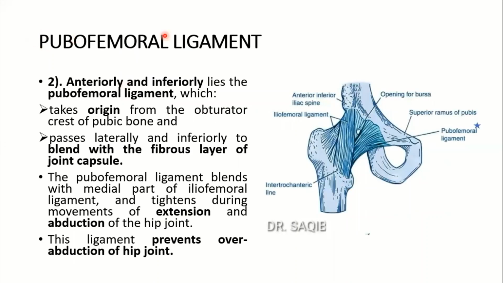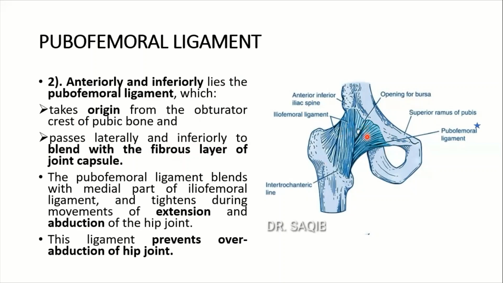So the pubofemoral ligament, right? This is next in strength to the iliofemoral ligament, and it passes anteriorly and inferiorly. It takes origin from the obturator crest of the pubic bone. You could see this is the pubic bone, and it takes origin from its obturator crest and passes laterally and inferiorly to blend with the fibrous layer of the joint capsule.